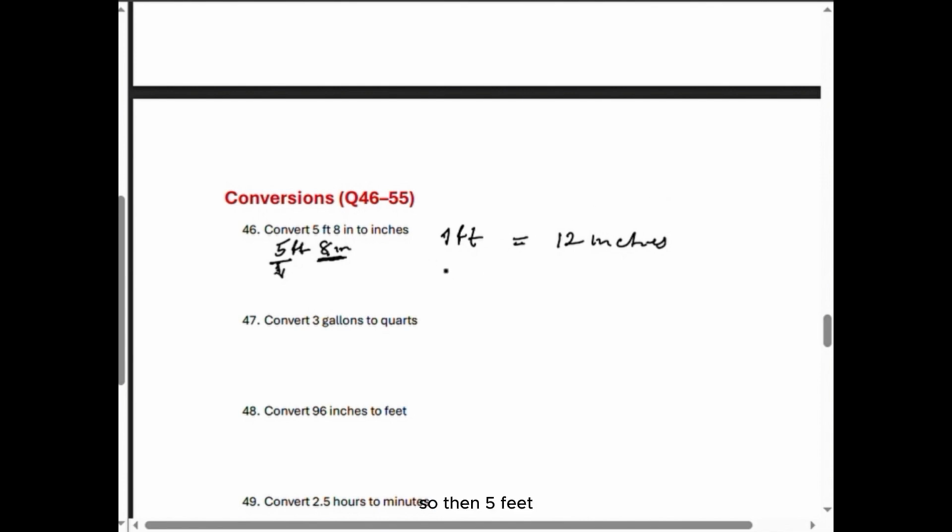So then 5 feet equates to how many inches? You're going to cross multiply, just what we've been doing. x equals 5 times 12, and you have x to be 60 inches.